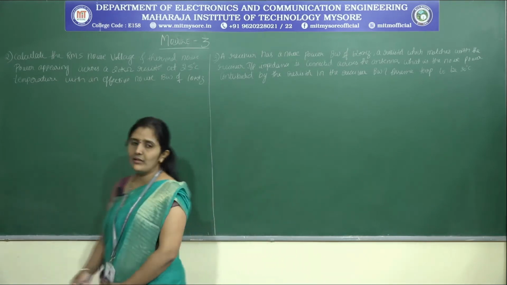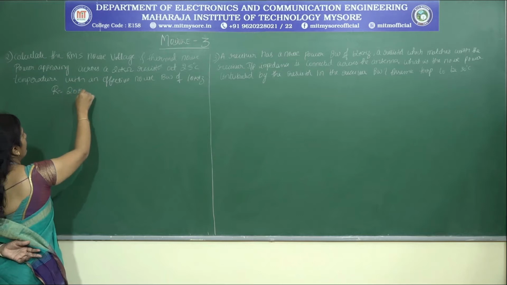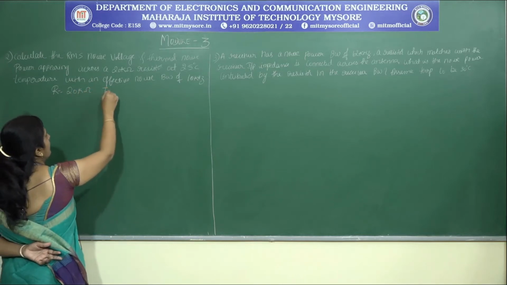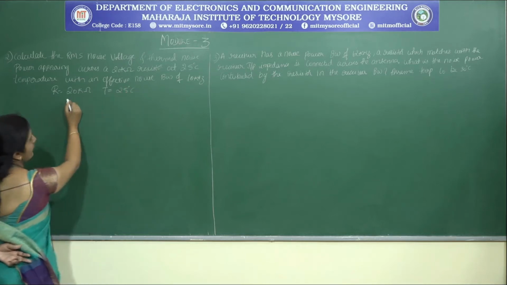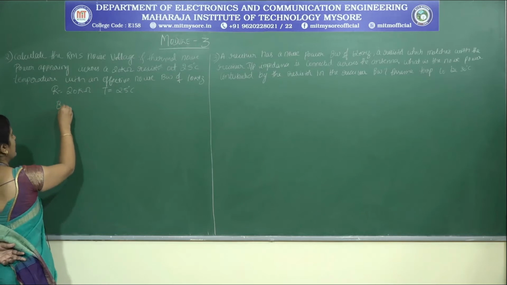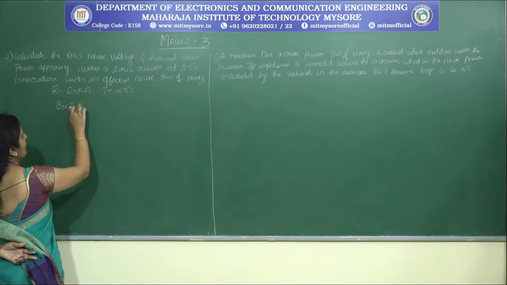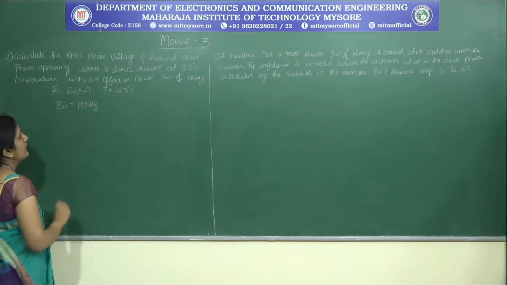So here they have given R is equal to 20 kilo ohm and T is equal to 25 degrees Celsius, with effective noise bandwidth of 10 kilohertz, that is Bn is equal to 10 kilohertz.